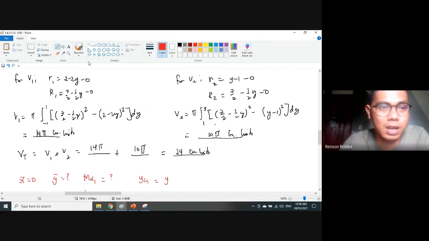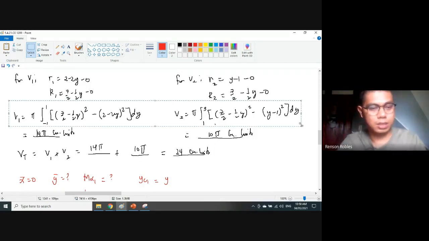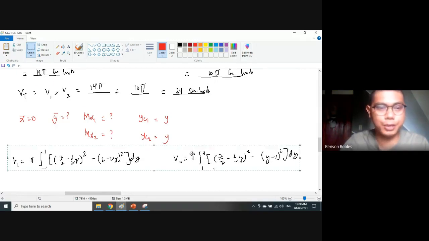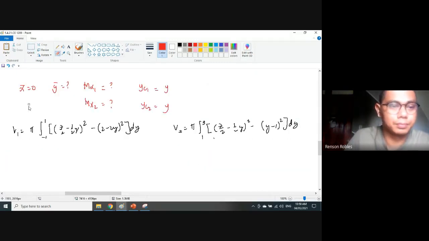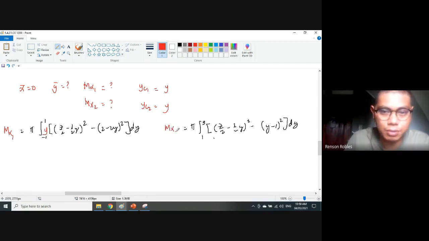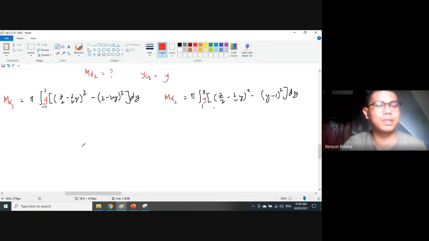You just copy these volumes and place them here, and then we are ready to compute for the moment. This is moment in x1 and this is moment in x2. Moment in x1, we add y in front. Moment in x2, we add y in front. Kindly work on this problem, please. Thank you.